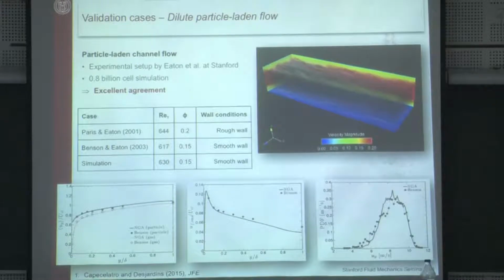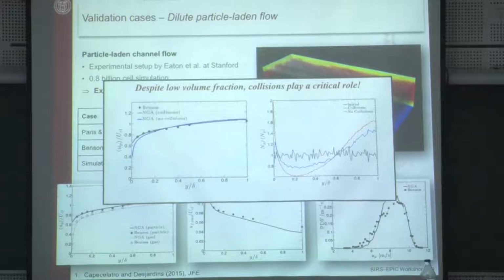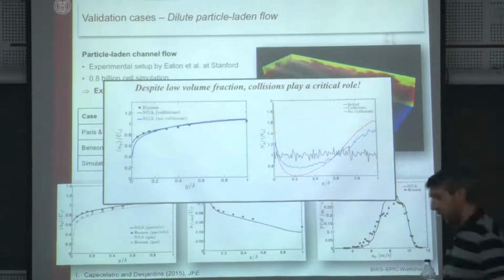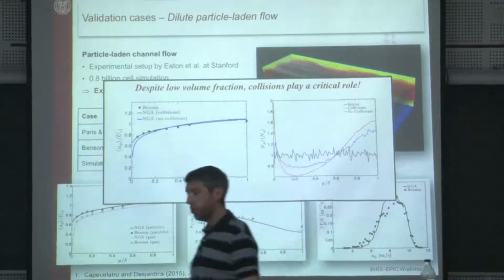Let me make one more point on this. Look at this guy here. I mentioned that the particle velocity profile flattens near the wall, okay? I also mentioned that the volume fraction here was much less than 10 to minus 4.